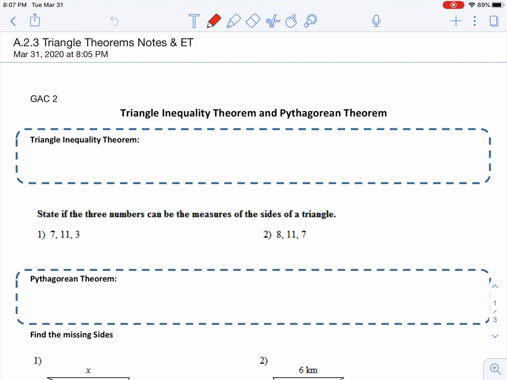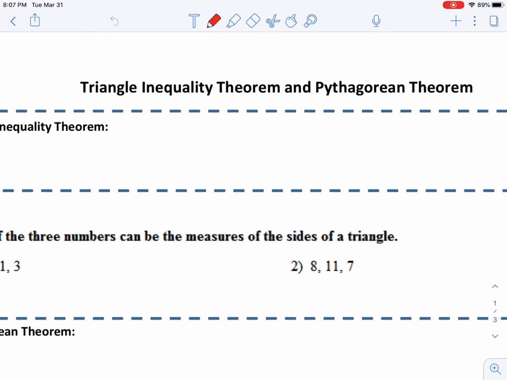Triangle inequality theorem states that if, let me see if I can write this out for you. Actually, you know what? I'm just going to type it in.